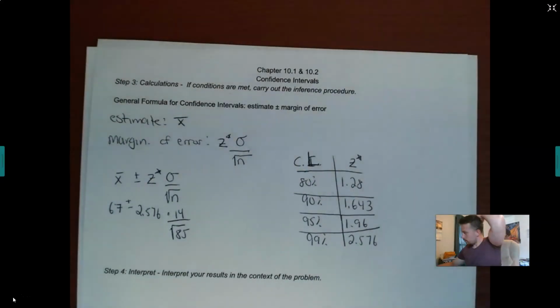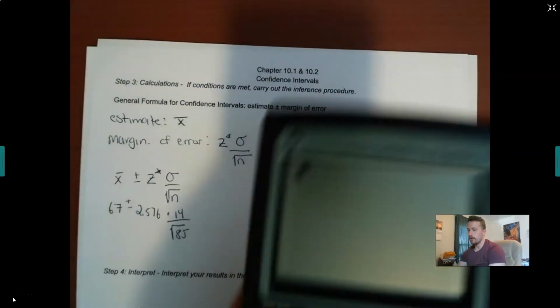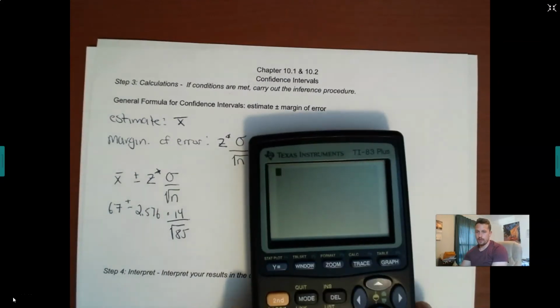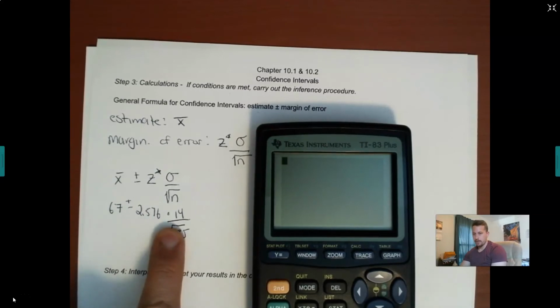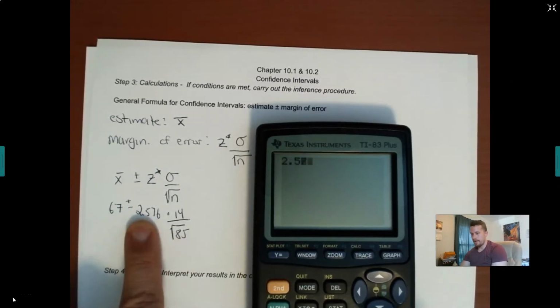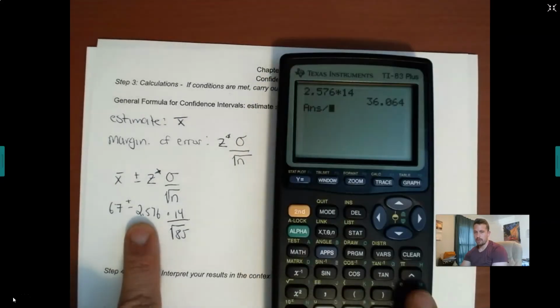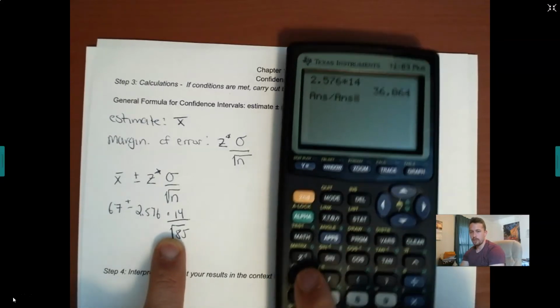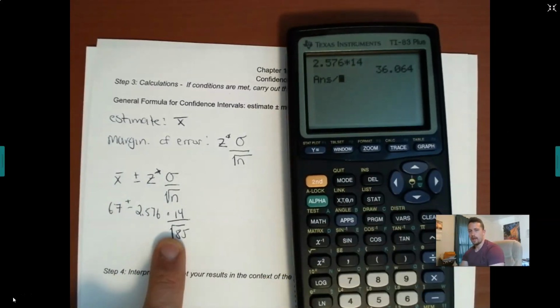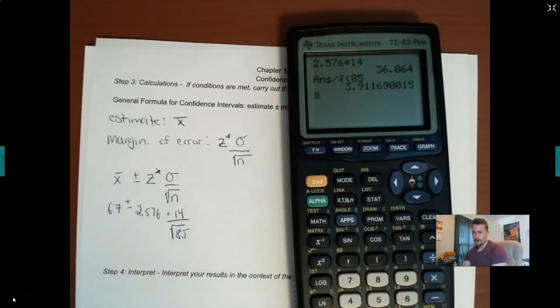And yeah, so graphing calculator. Always try to prevent rounding until the end. So what I'm going to do first is find my margin of error. So I'm going to take 2.576 times 14. Take my answer, just press the division symbol. And then I'm going to divide it by square root of 85. That's my margin of error.